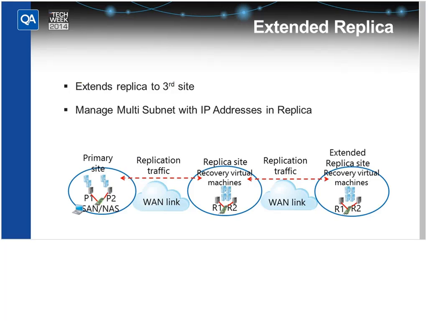because what I'm going to talk about now and hopefully demonstrate is extended replica. Extended replica was a brand new feature in 2012 R2. Significantly, what it allows us to do is copy our virtual machines to a third site. So you might use this to copy the virtual machines to a third recovery location of your own.